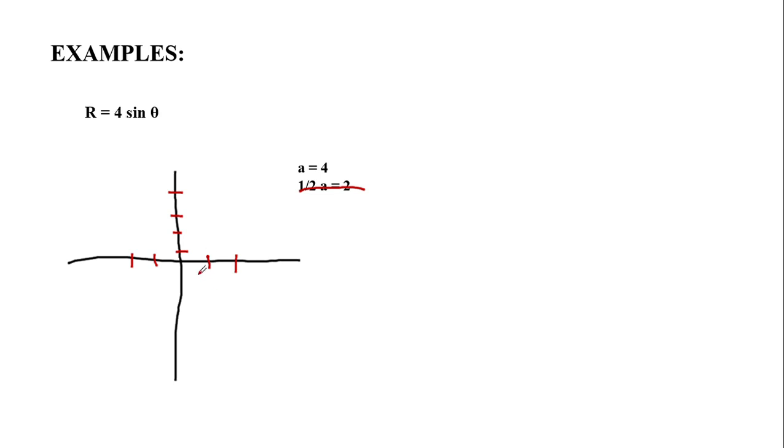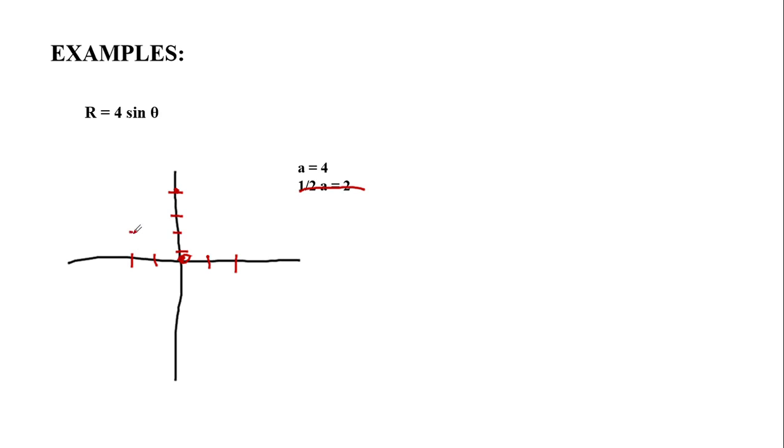And then our origin is here as always. And then our A is 4. So here is the point, and then the half of A is 2.